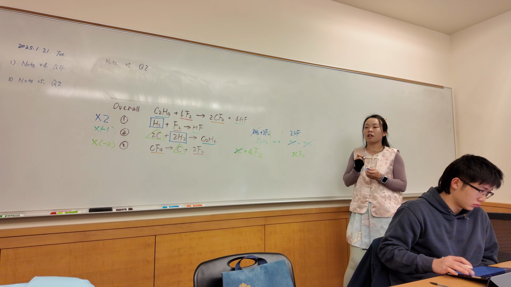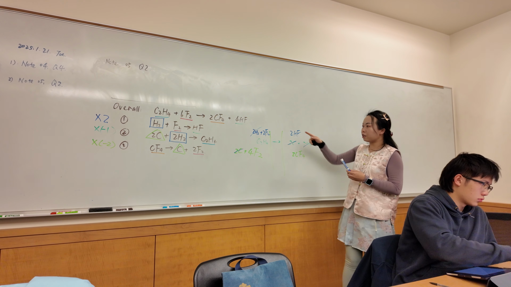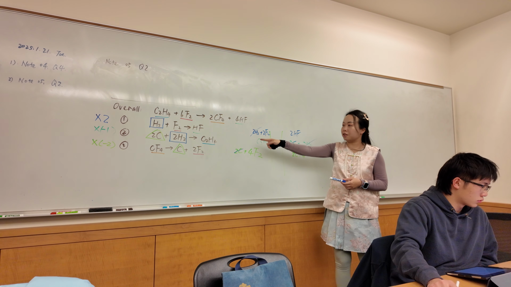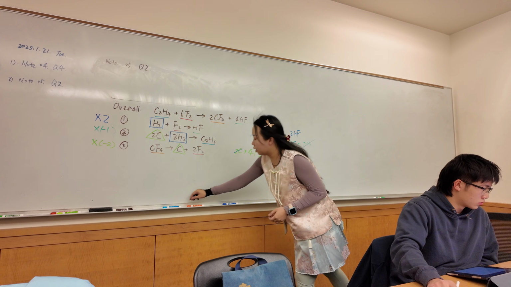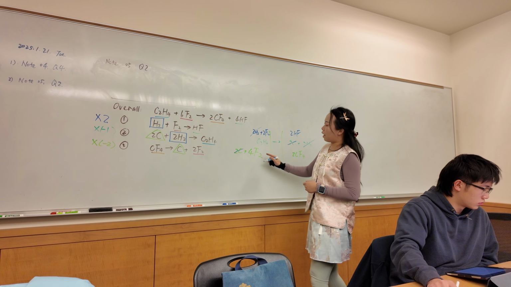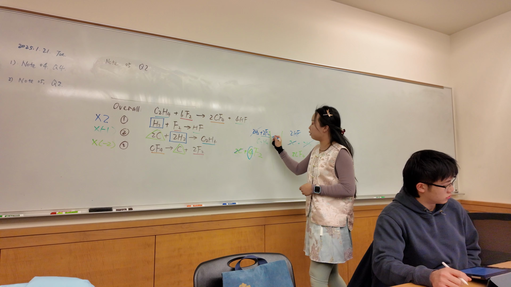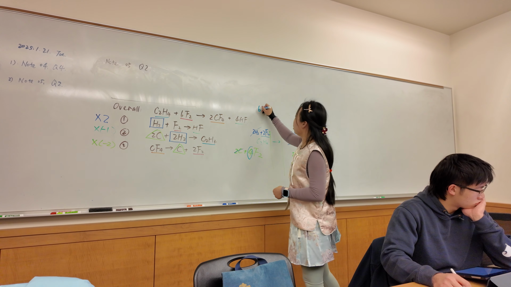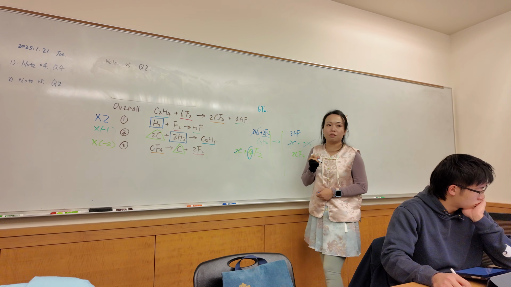Make sense? Okay, now we're trying to write the overall reaction to see if we actually get our overall. Didn't I say just adding them up? Okay, on this side I have 4H2 and 4F2 and 2F2. So that's a total of 6F2, right?